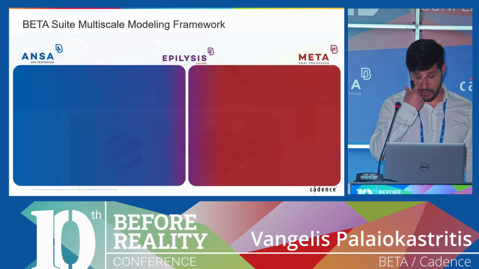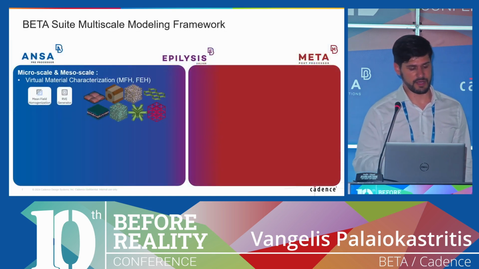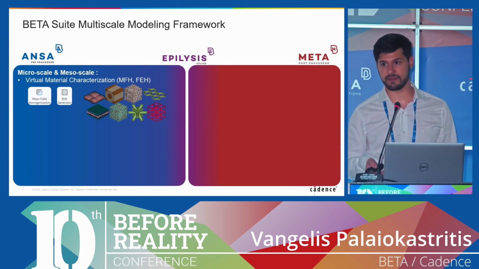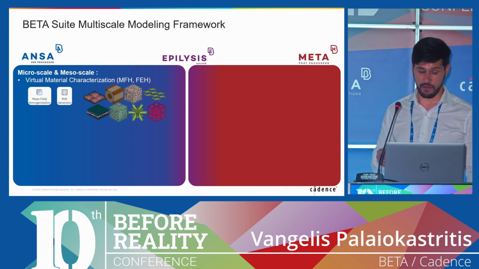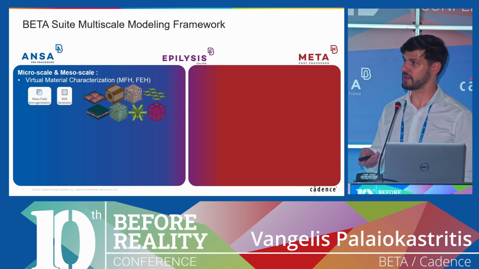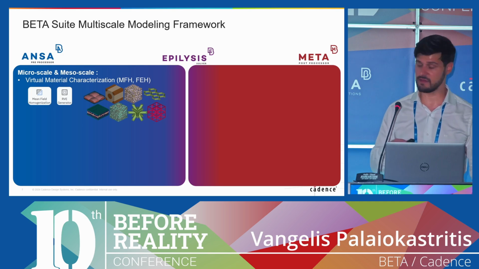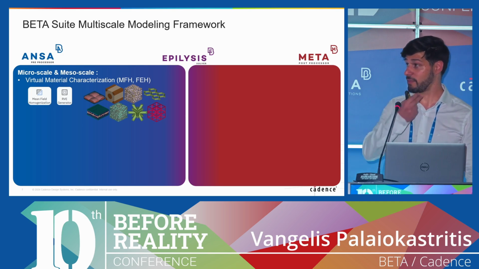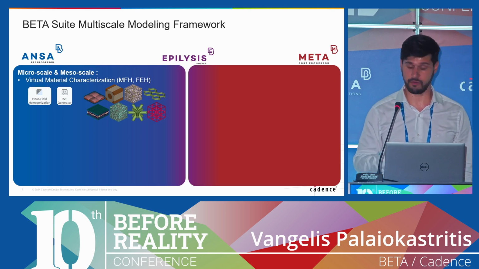So if we take a look at our product suite, and especially the ANSA preprocessor, PLC's FEA solver, and Meta post-processor, from this multi-scale modeling aspect, we can find tools that give us the capability to look at both micro and macro scale.